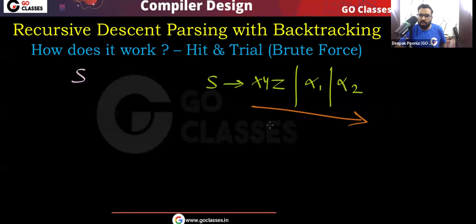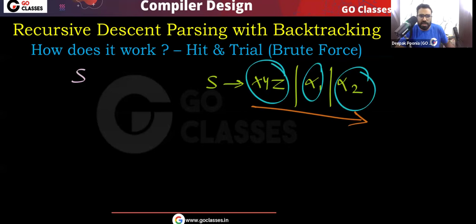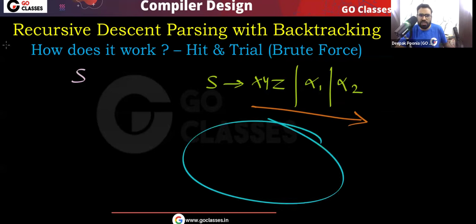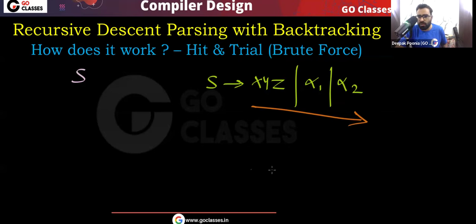And in the GATE exam, or in the question, if they give you some specific order, for example, first you try this production, then this production, then this production, then you need to follow that order. But by default, if we are writing in this order, then we will apply them in this order.